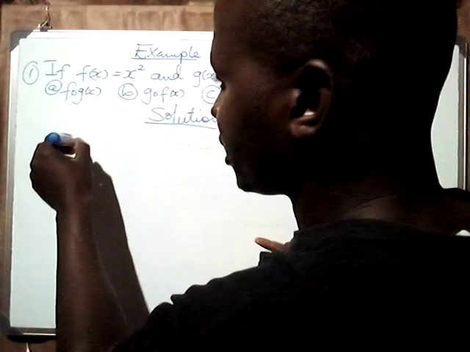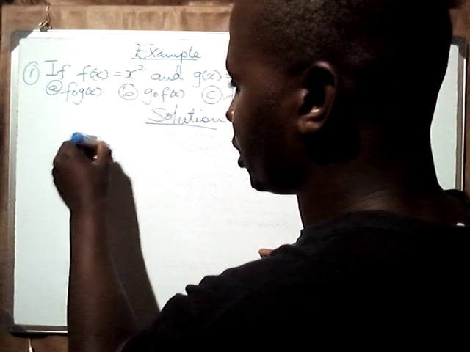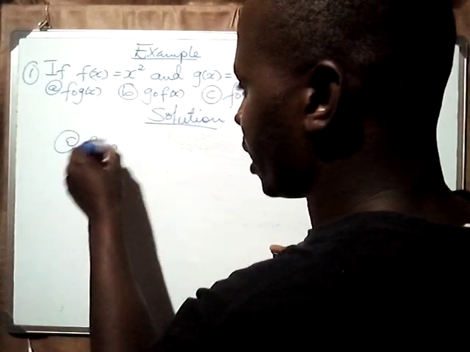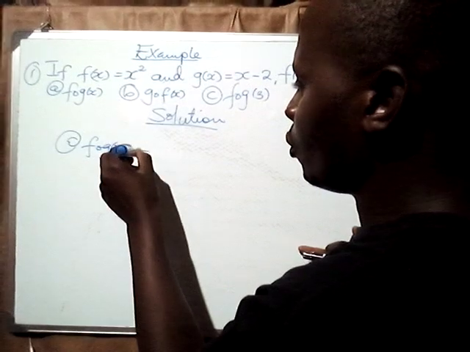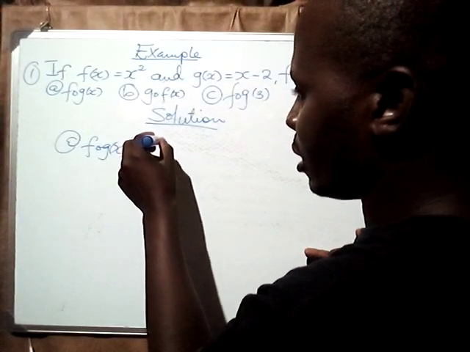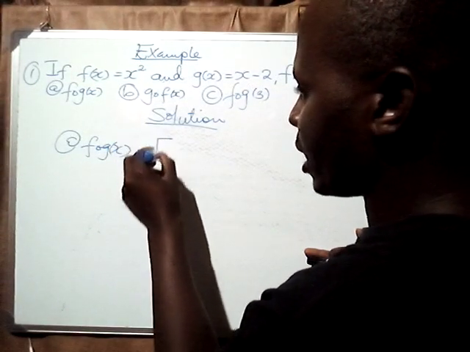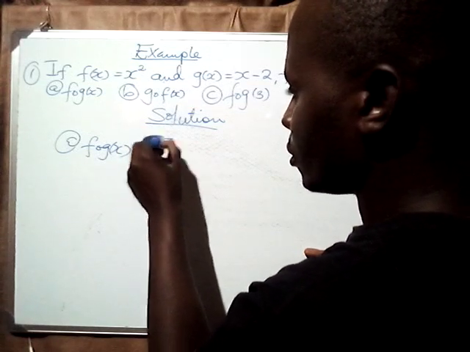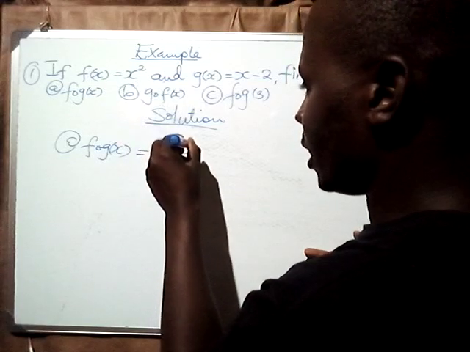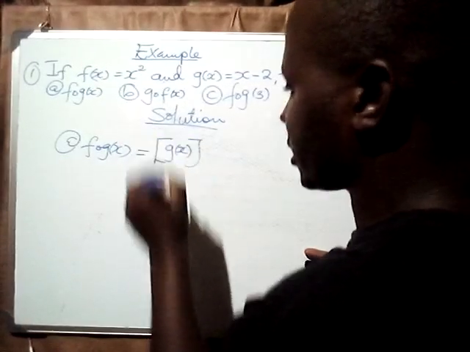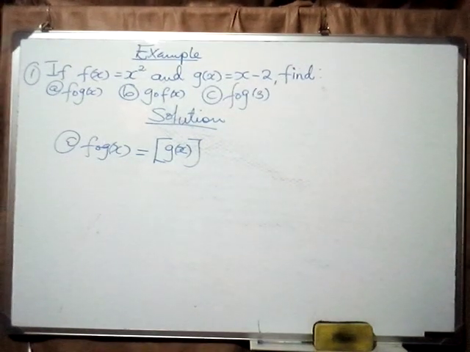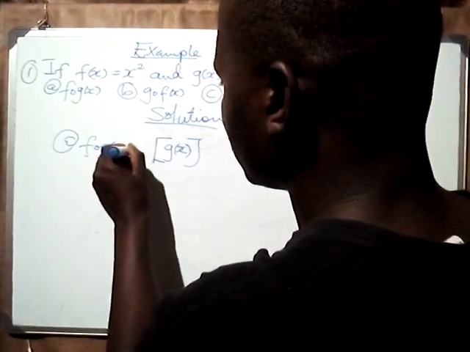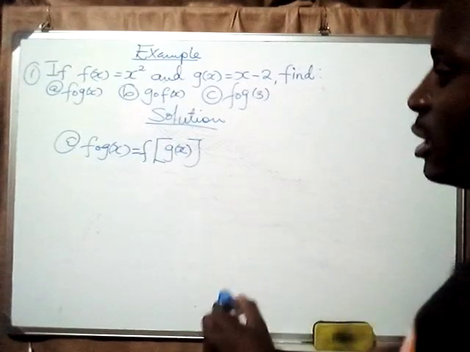This means that we are going to have f of g as our question number A is equal to f open bracket g of x, that is, f of g of x.